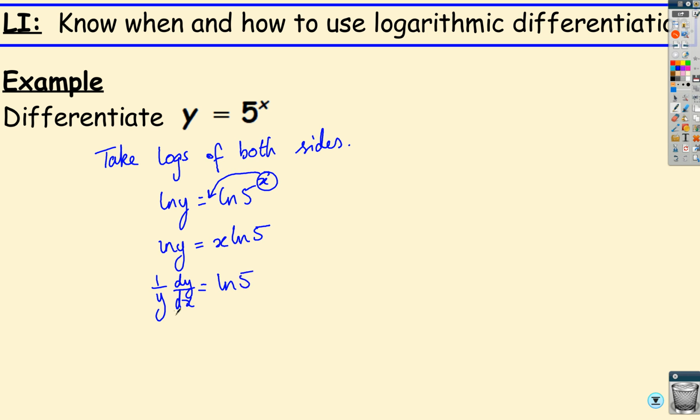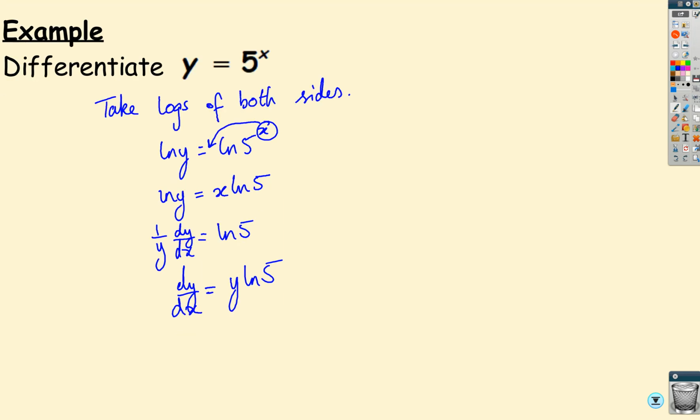Now, to tidy this up, we want dy by dx on its own. So this is going to be y log 5. But it's not really any use to me written like that. Ideally what I want is the derivative in terms of x. So we need a substitution for y. Well, it tells me up here y is equal to 5 to the power of x.